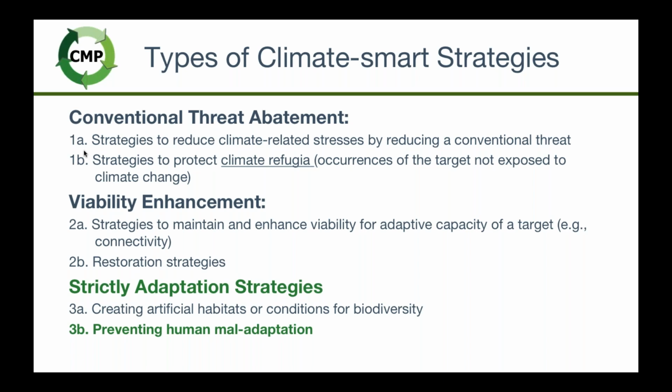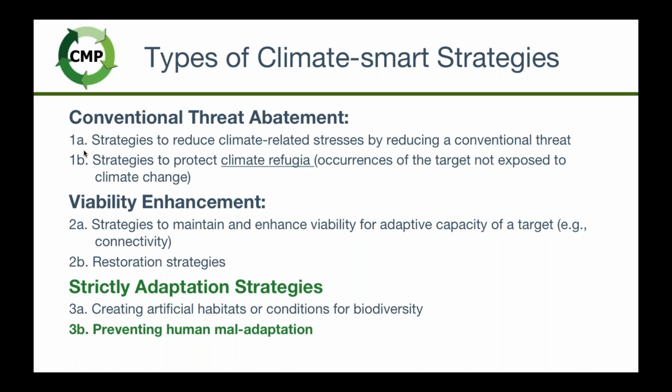Yeah, I think you're right. It could fit under the viability enhancement. You know, in some cases, you might find that there aren't really a lot of direct threats. Like if you have a stream and you have some cold water groundwater inputs coming into that stream, there may not really be a lot of threats that would prohibit that from acting as a refugia.